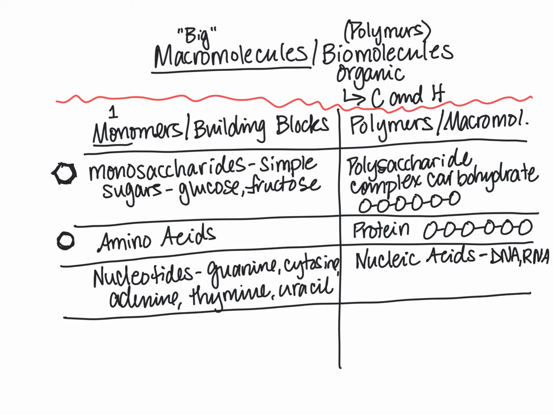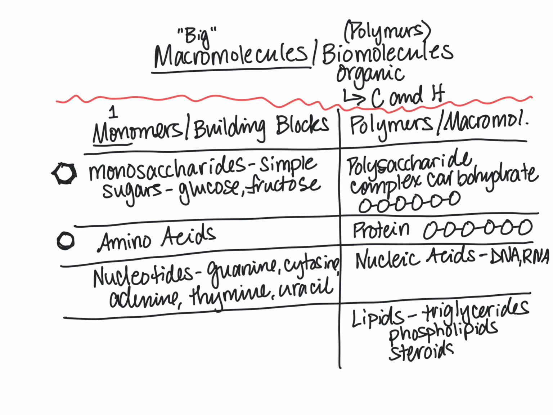And then last but not least, we have the lipids. And lipids are a little bit different in that they don't follow this traditional monomer polymer situation that we've been talking about. Lipids come in a couple of different varieties. We are primarily going to focus on the triglycerides. But other examples are the phospholipids associated with the cell membrane, and then steroids, which include things like cholesterol and some hormones.